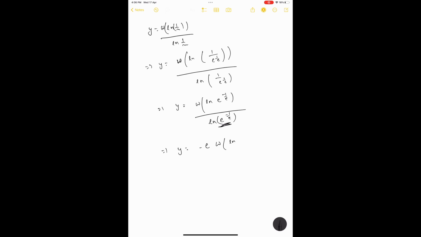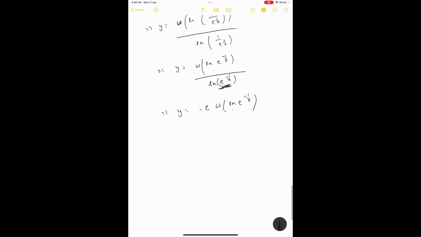Okay, now let's calculate what this is. ln e to the power minus 1 over e is equal to minus 1 over e ln e, which we can write as 1 over e ln 1 over e. Which we can write as e to the power ln 1 over e times ln 1 over e.